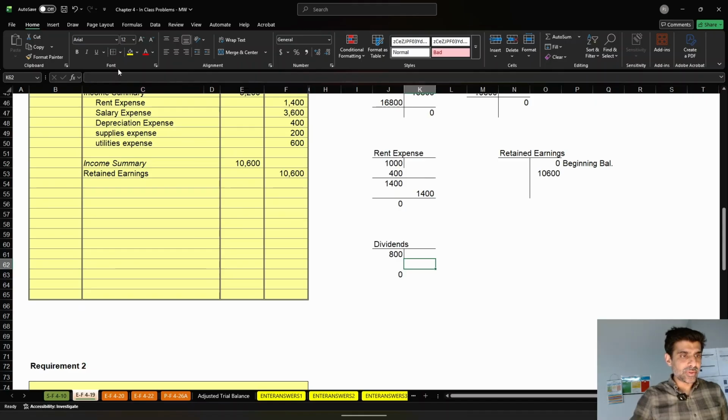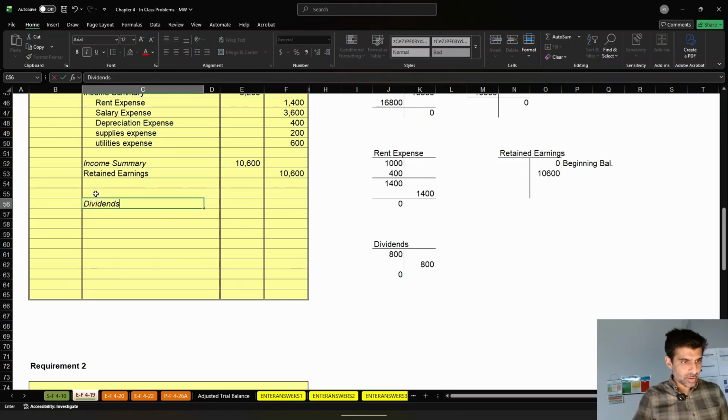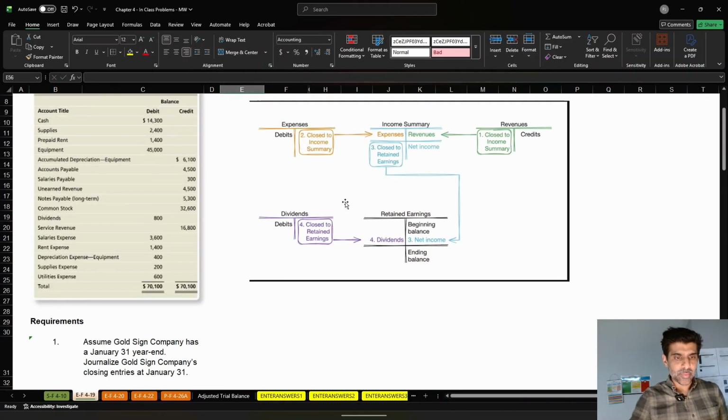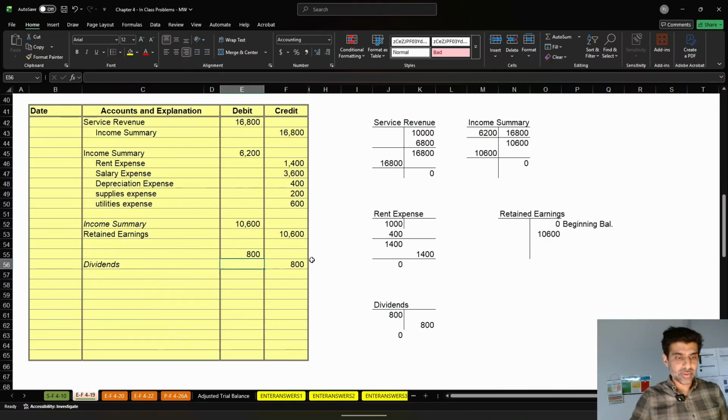So that means I need to credit it 800. Okay, so dividends will be a credit 800. And again, I can look on this diagram and I see credit dividends 800, debit retained earnings. Okay, so then I will put this $800 debit here.